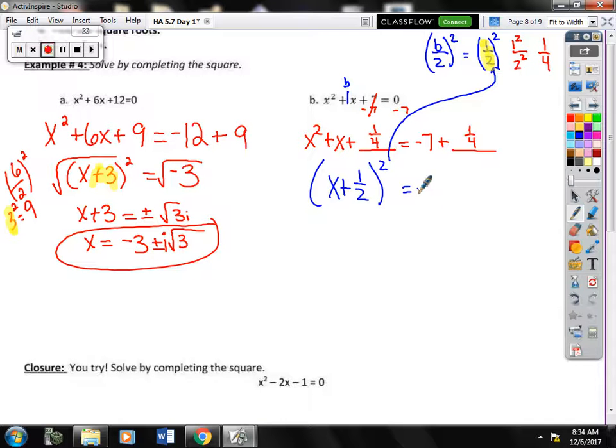What do I need to do in order to add these two together? Yes, you most likely need a common denominator. You could do a mixed number, but later on you're going to have to subtract a half. So it's probably easiest to get a common denominator. So the common denominator would be 4.